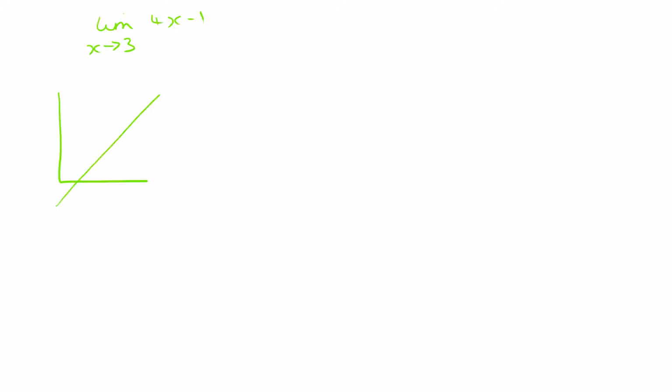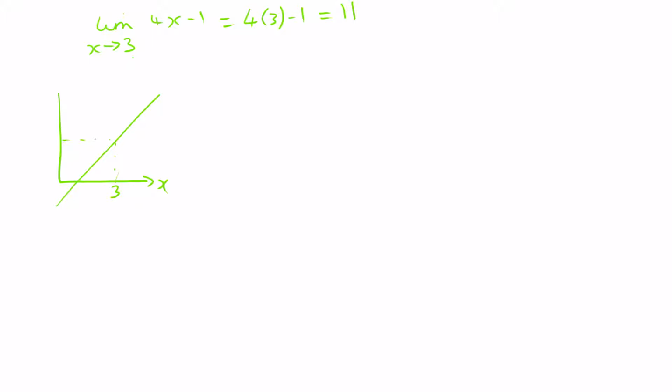And as x tends to 3, we can see what value y will tend to, or the function will tend to. So here we can say that that is equal to 4 lots of 3 minus 1, which is equal to 11. And we could do this for any function and any point that x is getting closer to.